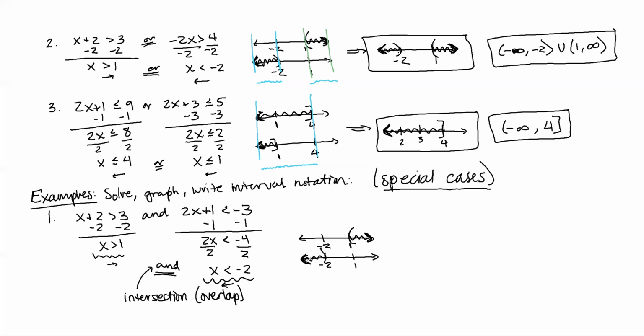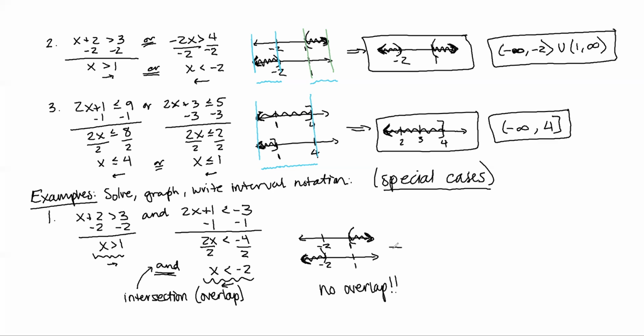Now, because we're looking at the intersection, if this were an or, like number 2 up here, we would just have 2 different sections because we want everything that's shaded, regardless of whether it shows up on both. But for an and, we have to find something that satisfies both inequalities, which means we need overlap. We have no overlap.